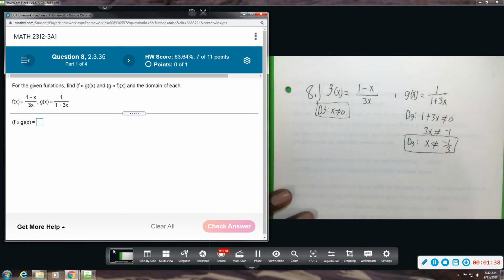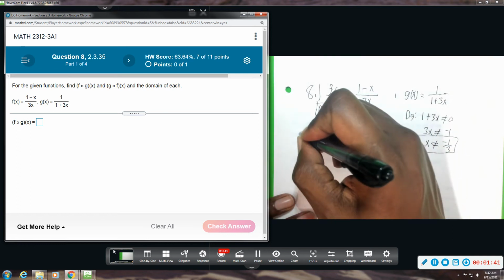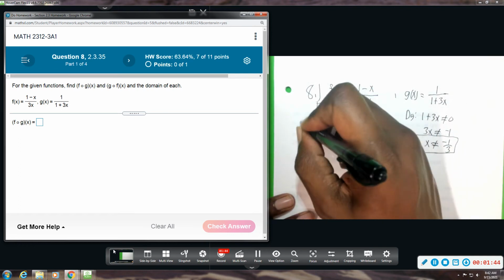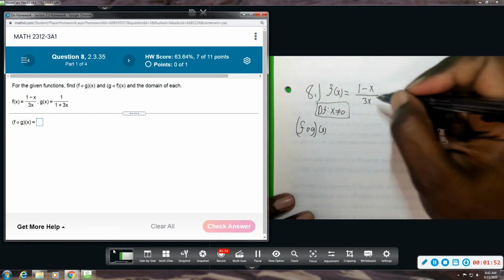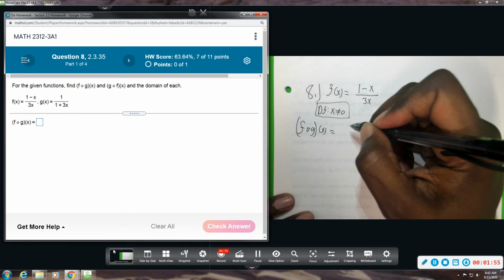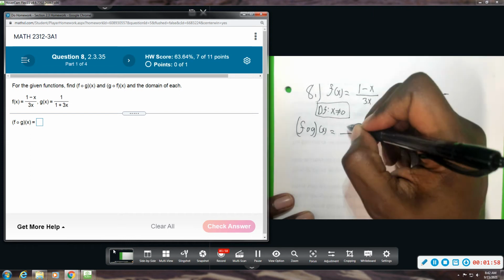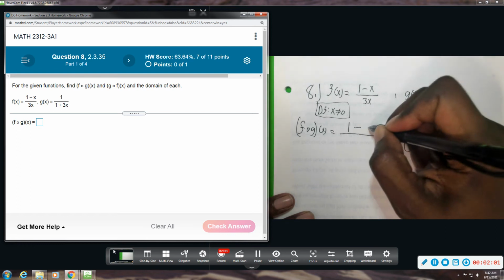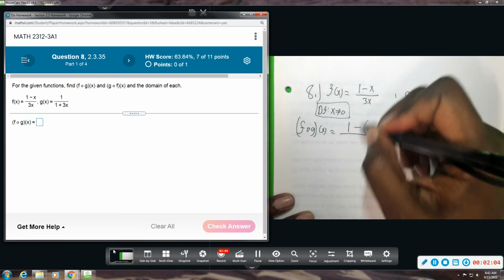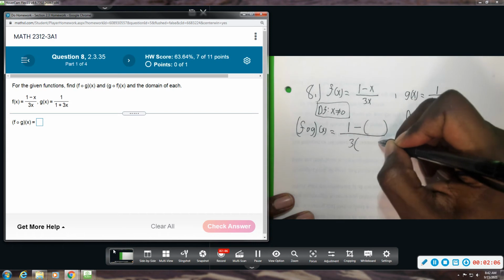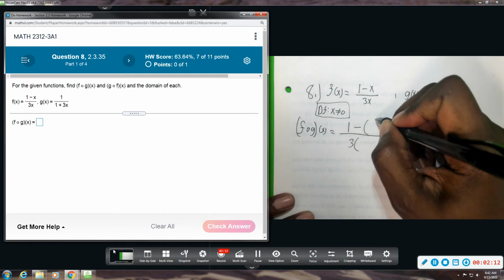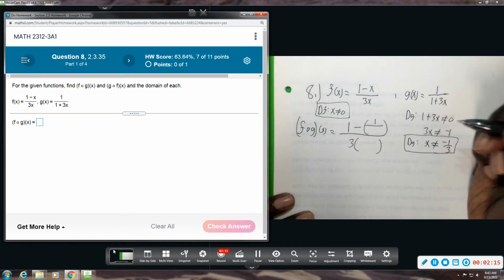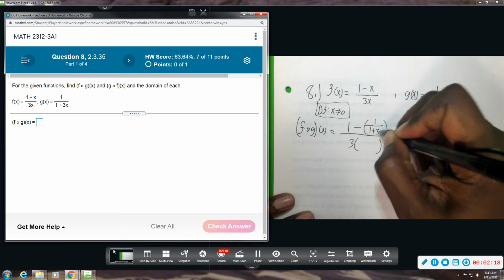Now we will find f of g of x. Start out with f. Got a fraction. 1 minus x, which I'm going to leave blank, all over 3x. In the place of x, I'm going to replace it with g. So it's going to be a fraction 1 over 1 plus 3x.